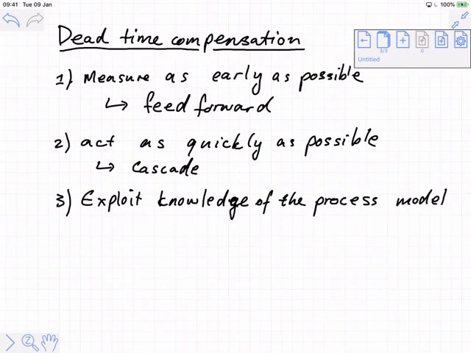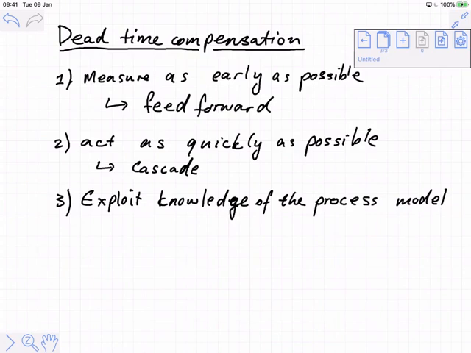Now, you may think about number 3 as being spread out in a lot of the stuff that we've been doing in this subject. We spent a whole semester learning about developing models of systems in order to use that knowledge in designing our control systems after all.